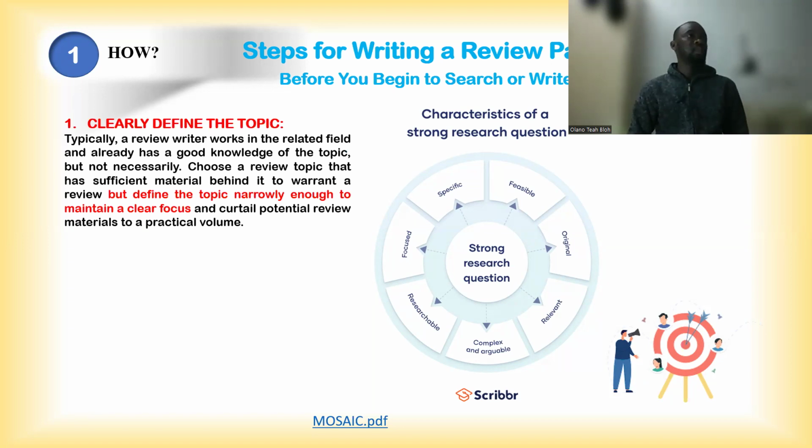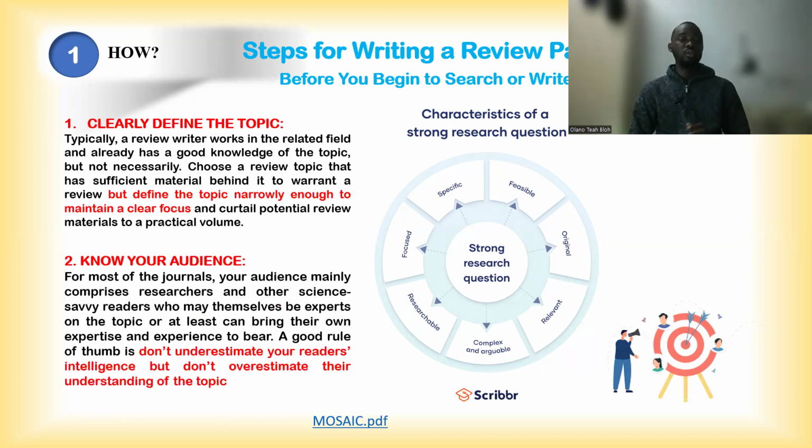Clear in the sense that it's narrow enough to maintain a clear focus. You don't want a topic that is so broad that it can even generate another topic. You want a topic that, once you mention it, gives the reader a clear picture of what the entire paper is about.